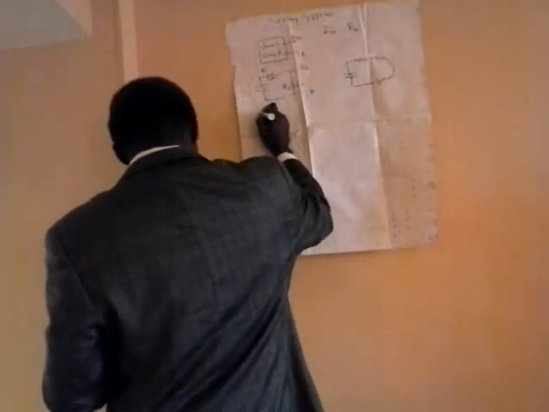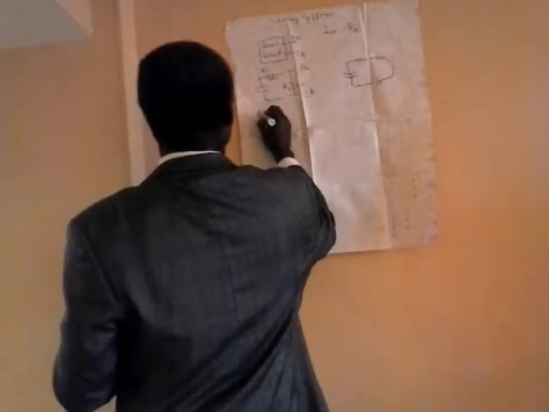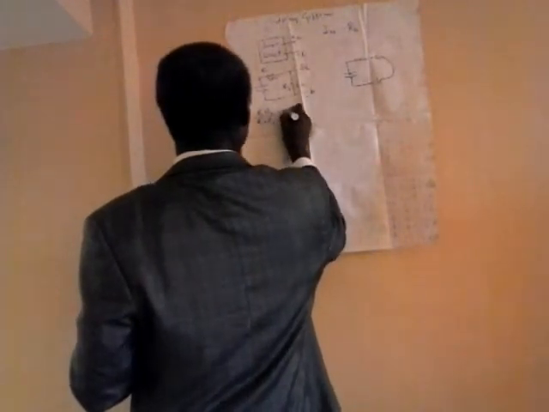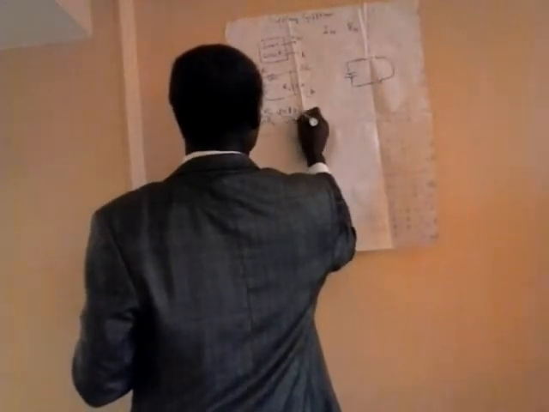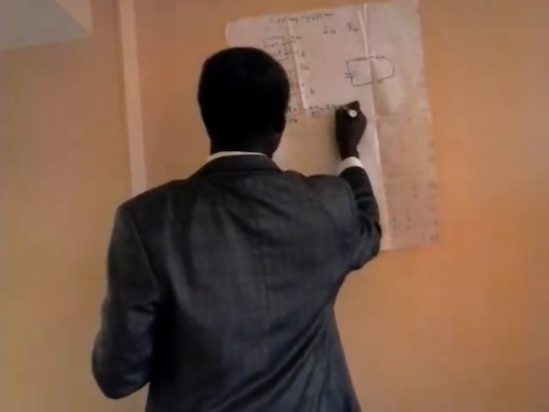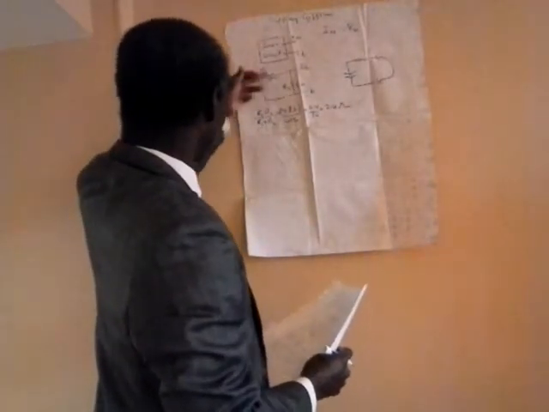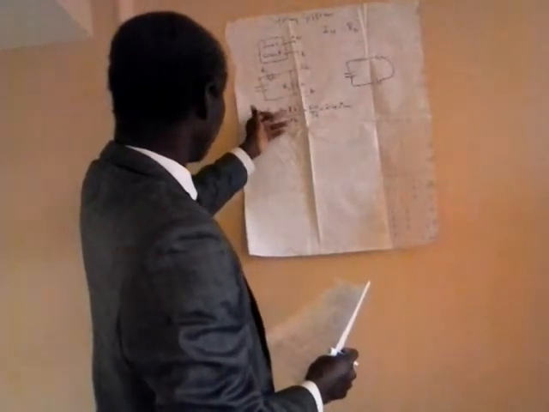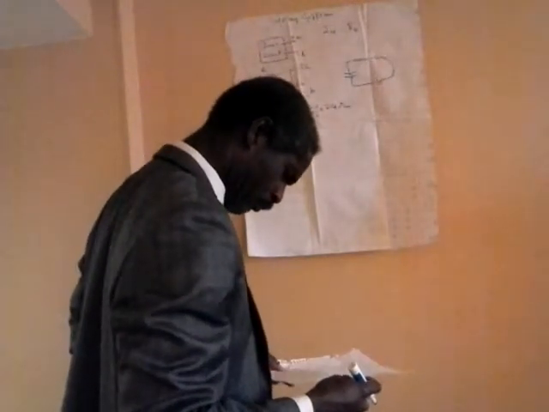So R1 times R2 over R1 plus R2 is equal to 4 times 6 over 4 plus 6, which is 24 over 10, equal to 2.4 ohms.